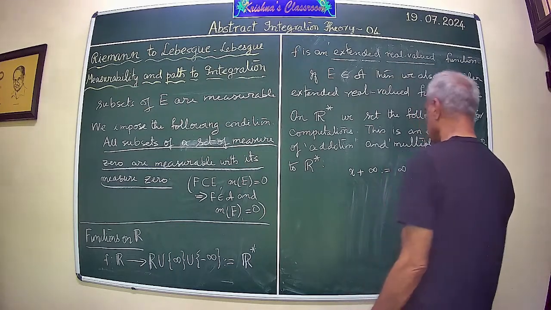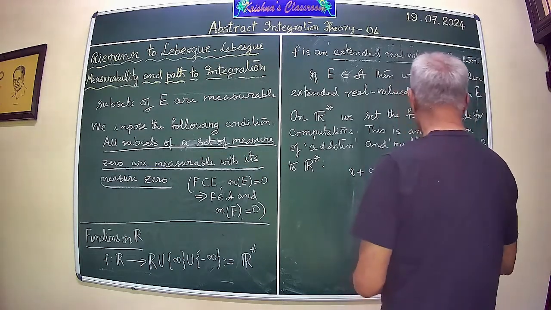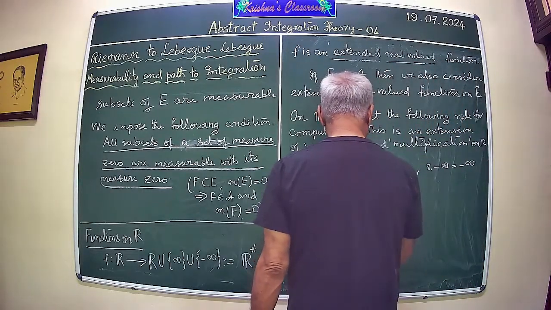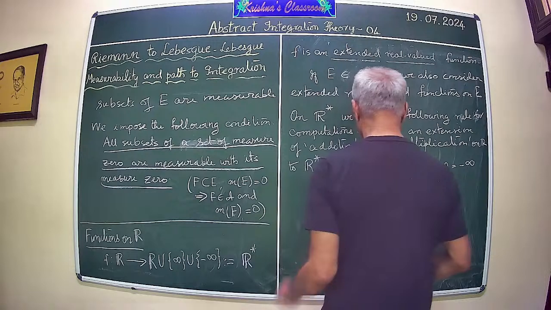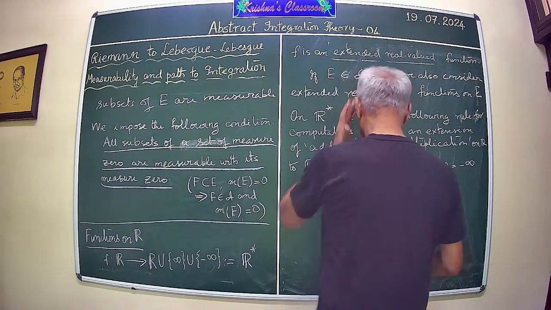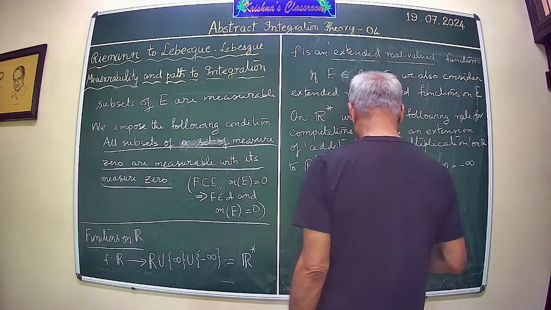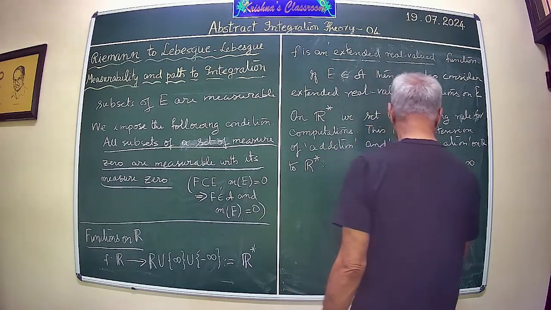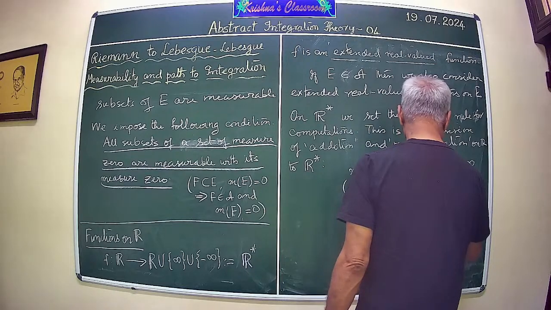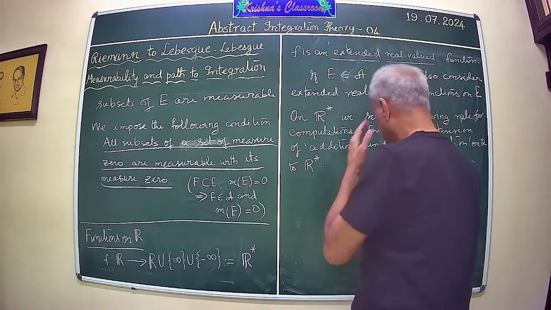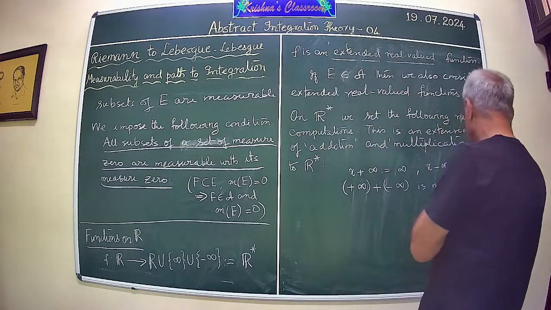Then we have plus infinity plus infinity equal to infinity. And plus infinity minus infinity is not defined.